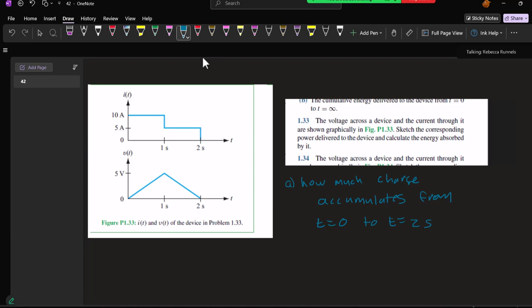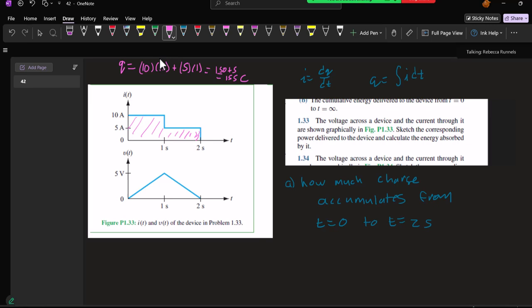If current equals dq dt, then charge equals the integral of I dt. To get the charge, you'd find the integral, which is the area under the curve. These are rectangles. So the charge is going to be 10 amps times 1 second plus 5 amps times 1 second, which would be 10 plus 5, or 15 coulombs.